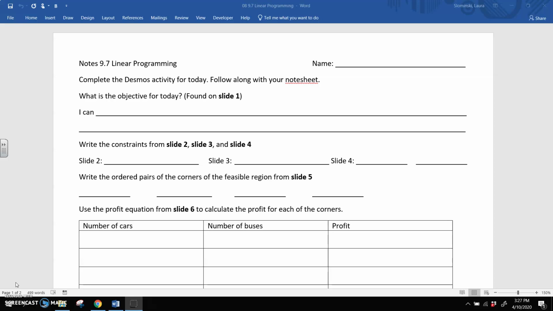So first of all, the objective for today, it'll show up in the Desmos activity, but we're just going to write it down first. It says, I can solve linear programming problems in two variables using graphical methods.